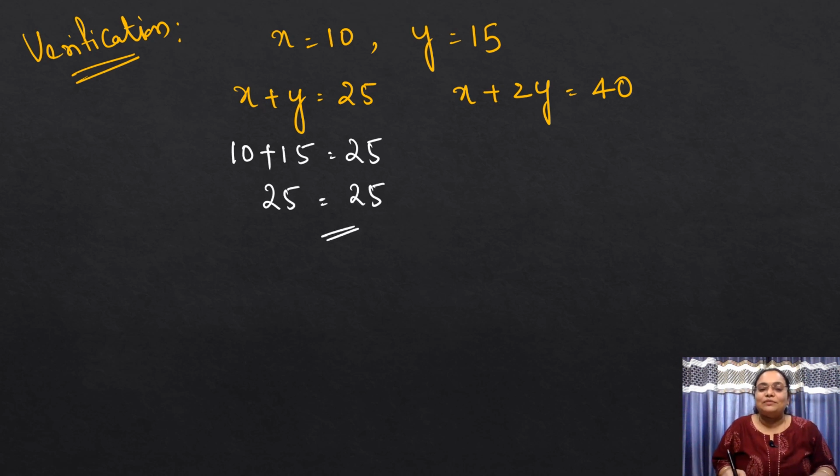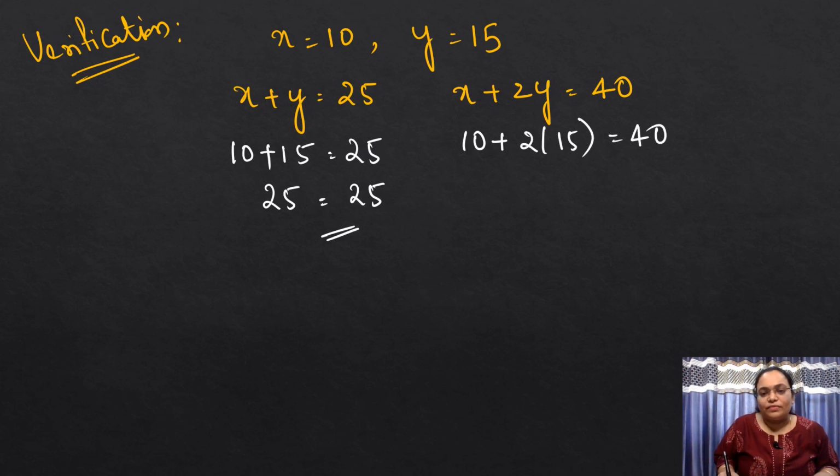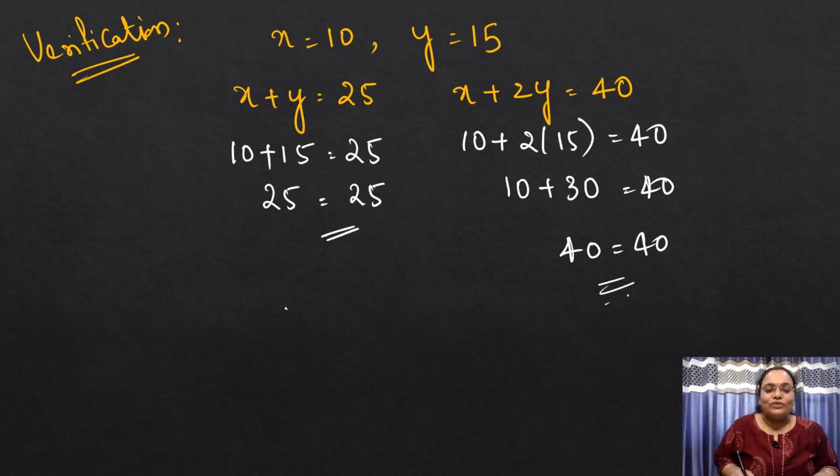It satisfies the equation on both sides. Let us do the next one. 10 plus 2 of 15 is equal to 40. 10 plus 30 is equal to 40. So 40 is equal to 40. Therefore verified.